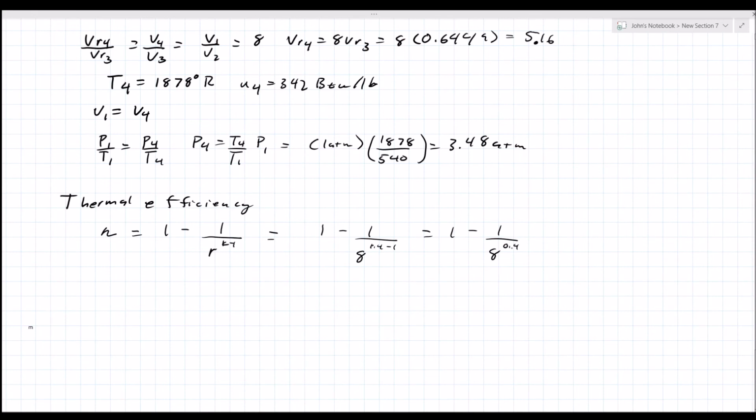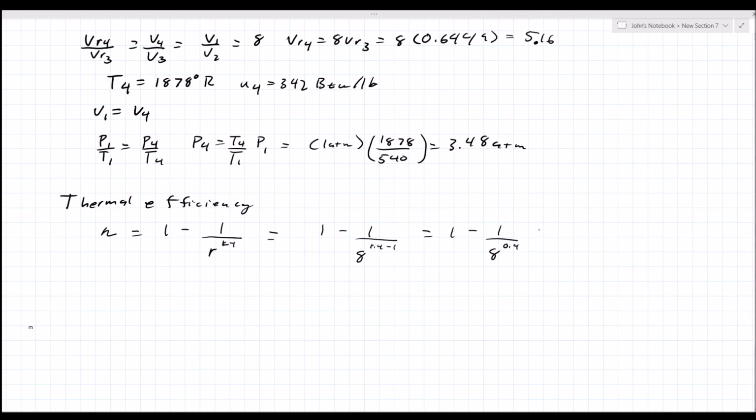Now, what is that, you might ask? Well, I will tell you in a second as soon as I get my calculator out and can do the value of it. 8 to the power of 0.4 is 2.3.